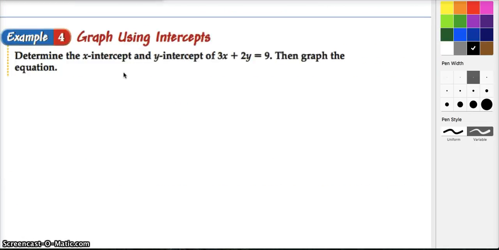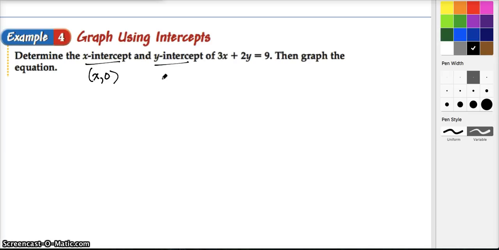So this last example is important, but it's also really helpful. You remember we talked about x-intercepts and y-intercepts. The x-intercept is a point x comma 0, which refers to the place where the graph crosses the x-axis. On the x-axis, all the points have some x value with a y value of 0.